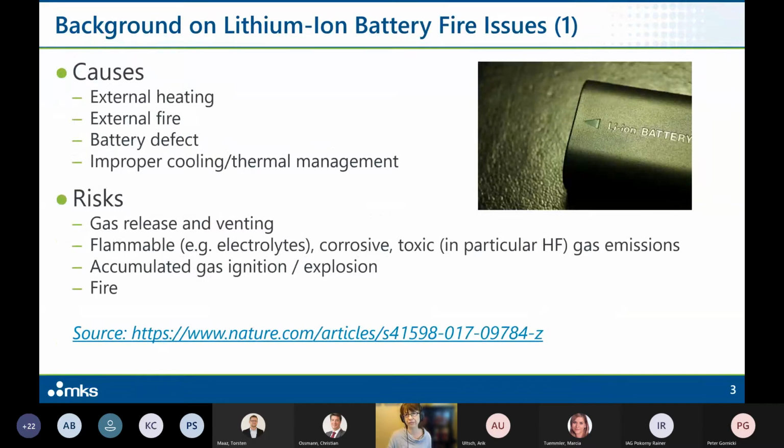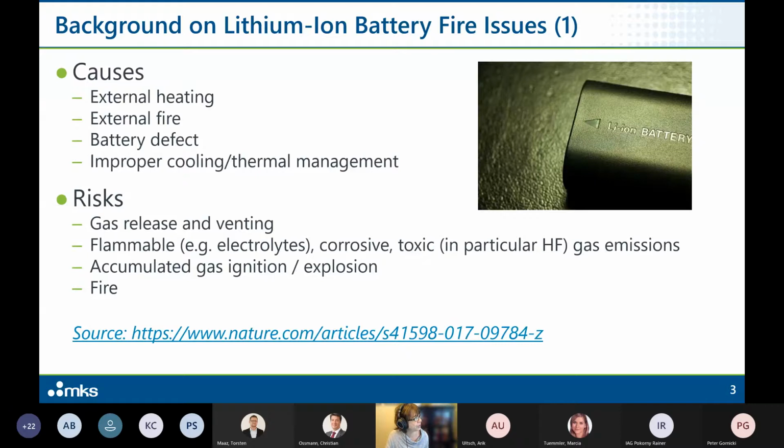Okay, so lithium-ion battery fires can be an issue because of external heating, such as an external fire, or because of a battery defect, which makes the battery start heating up more and more and essentially become out of control.